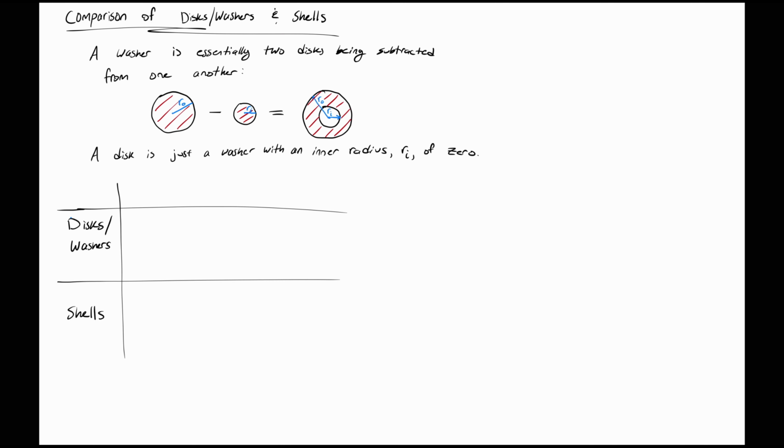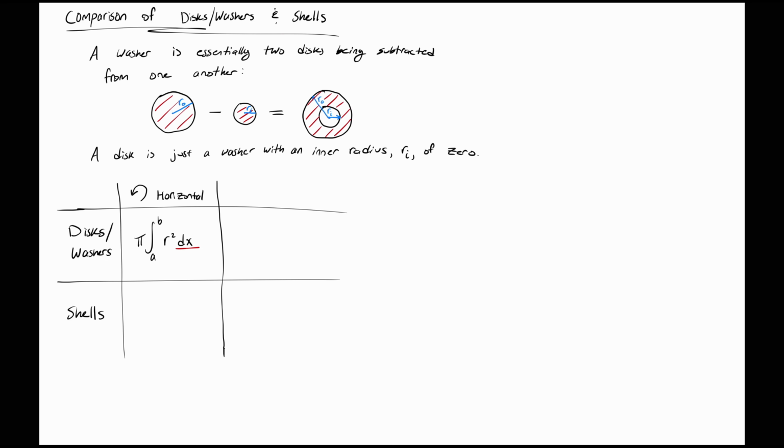So for disks and washers, if you are rotating about a horizontal axis, then you would integrate with respect to the horizontal variable. So this would look something like dx. What's important here is that you have dx.